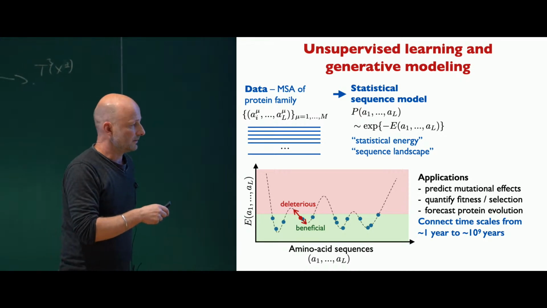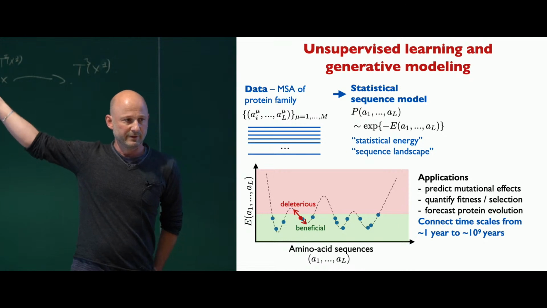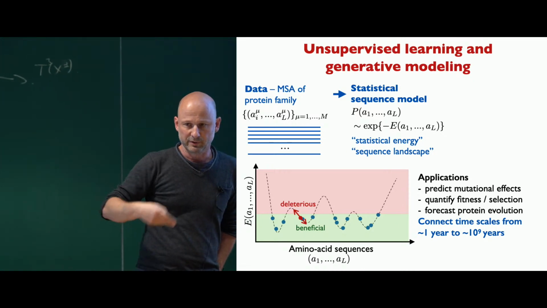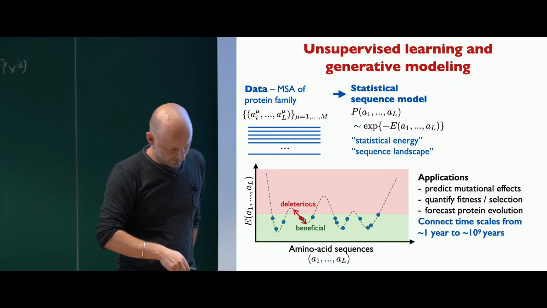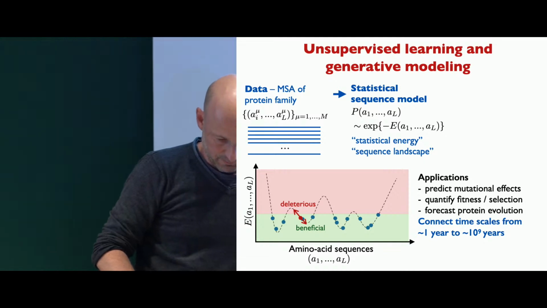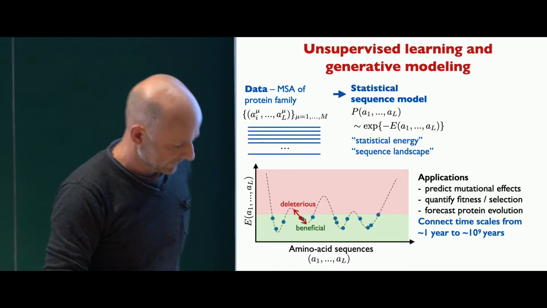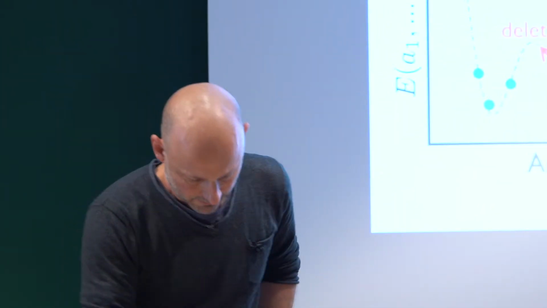Remember SARS-CoV-2 and all the variants. The frequency of variants tells us how frequent mutations are in viruses. They are faster than in other organisms because they have fewer mechanisms to repair errors, but okay. And obviously it's not so easy to put together 9 orders of magnitude of time scale.